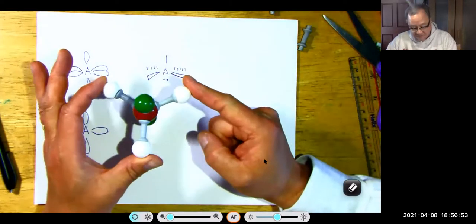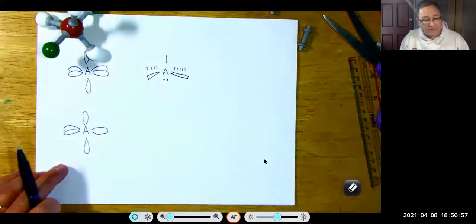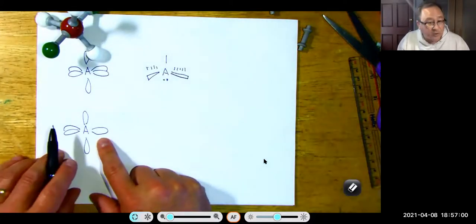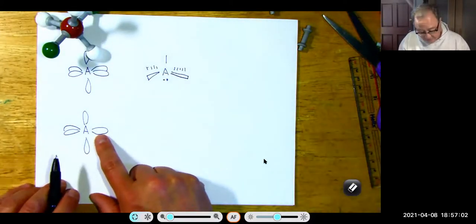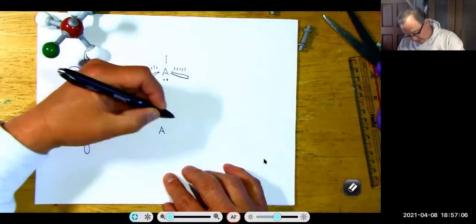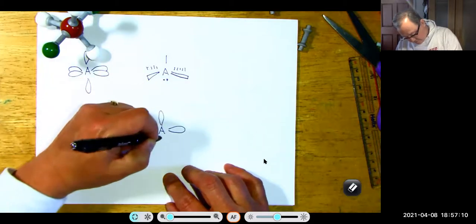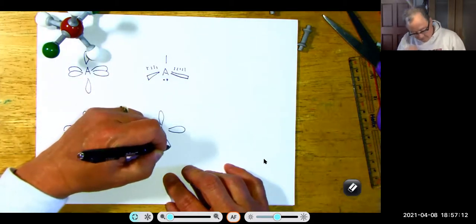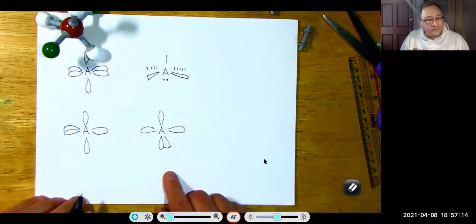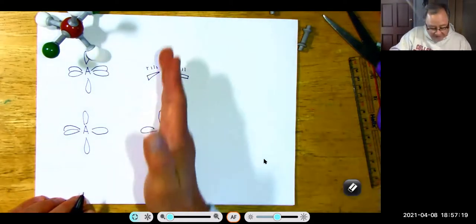Okay. So here we know that you're always going to put the pair on the equatorials. So here it's probably better to start drawing this guy like this. Draw it like that, where the triangle is going up and down instead of left and right.